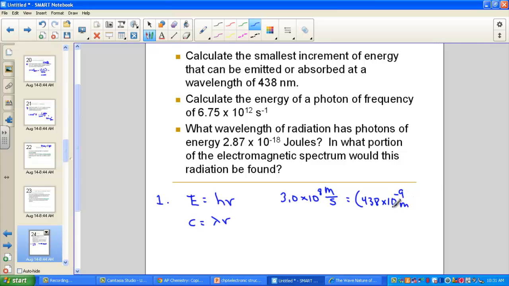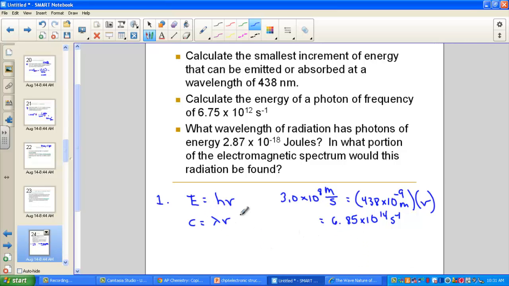Notice how I write nanometers, just 10 to the negative 9th meter. Let's pull out the frequency of our radiation. So speed of light, 3e8, divide out your wavelength of 438 e negative 9, and our frequency of our light is 6.85 times 10 to the 14th per second.